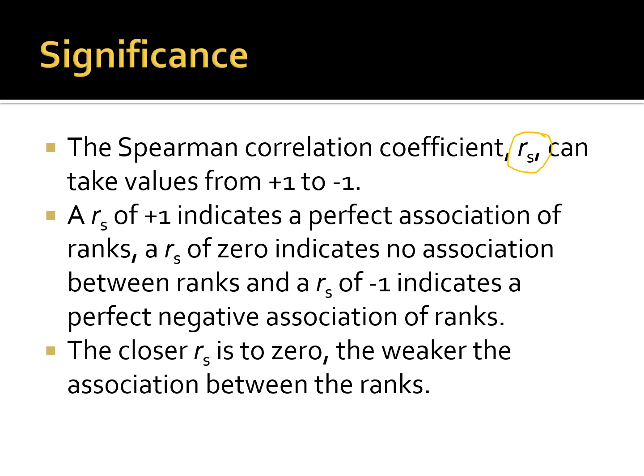And as I said before, the values go from +1 to -1, with +1 a perfect association in a positive direction, 0 no association, and -1 a perfect negative association. The closer you get to 0, the weaker your results are.